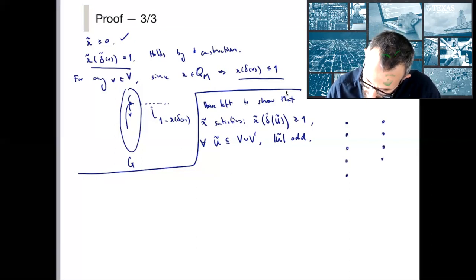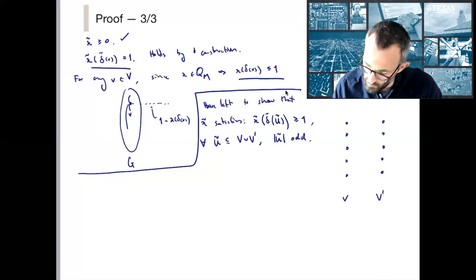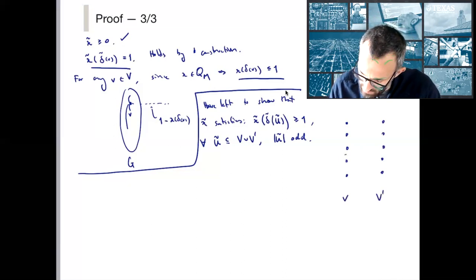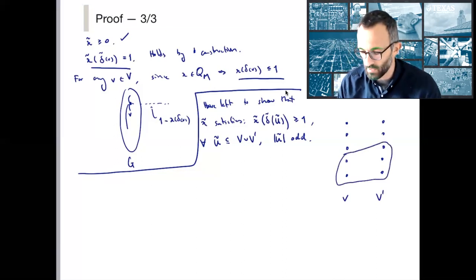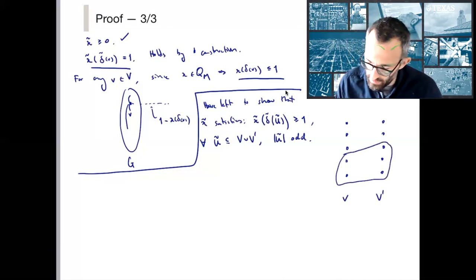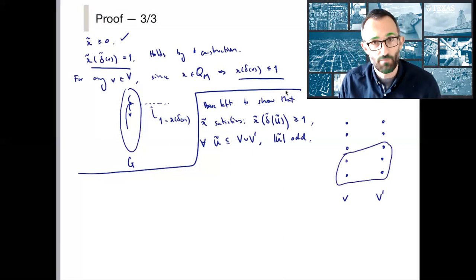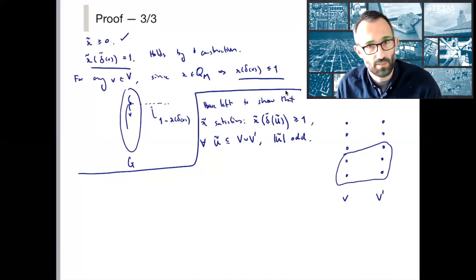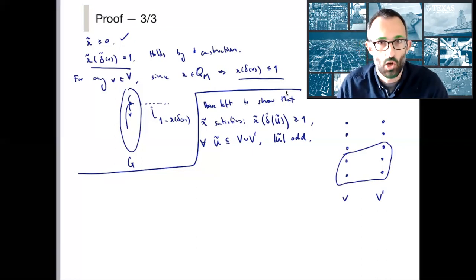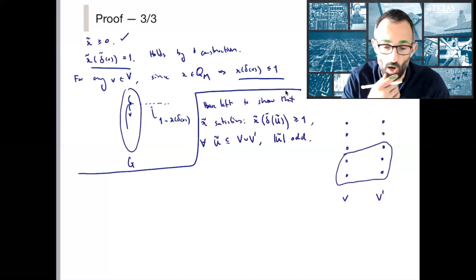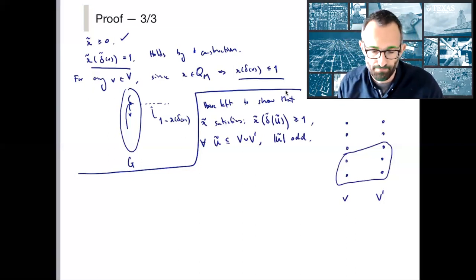This is V, this is V dash, V tilde is all of them. So that means that u tilde is, say, something like this, perhaps. So u tilde is some subset of V and some subset of V dash. Possibly one of these is empty. It doesn't matter. We just know that it has to be odd cardinality.